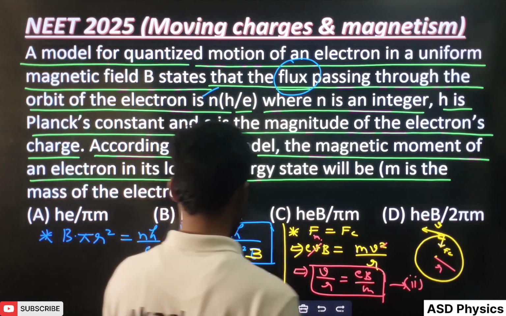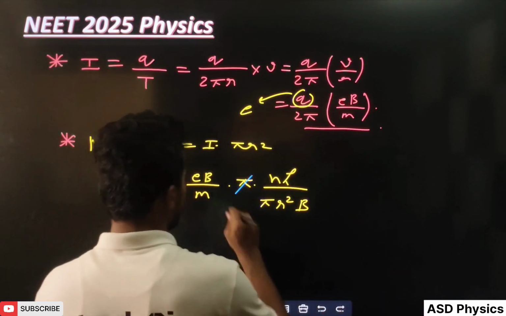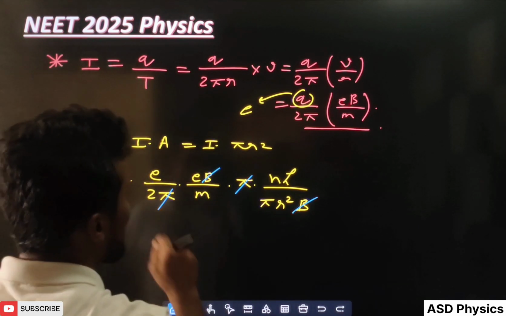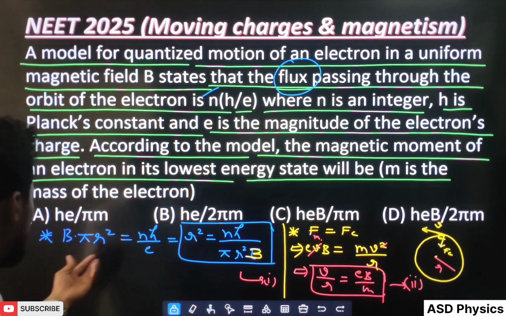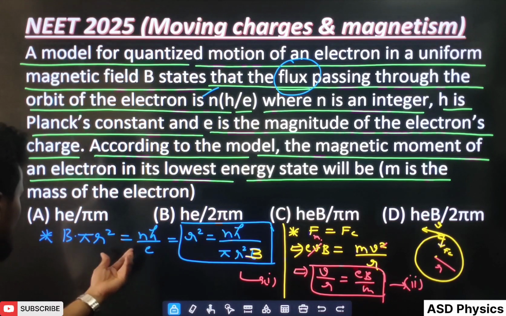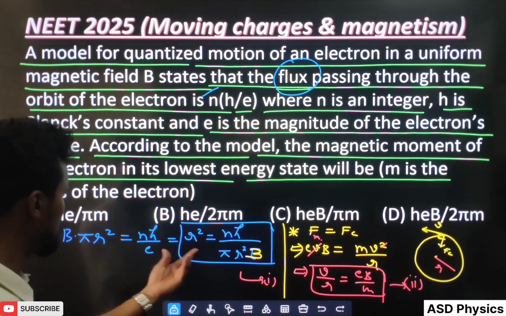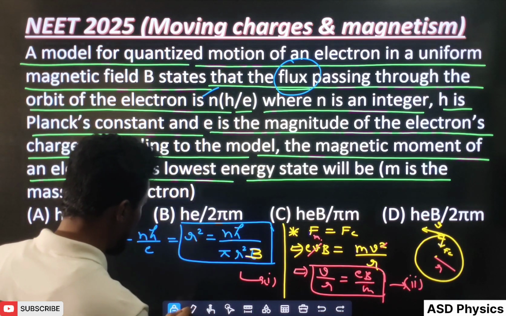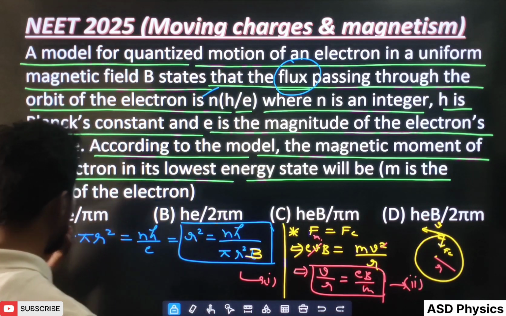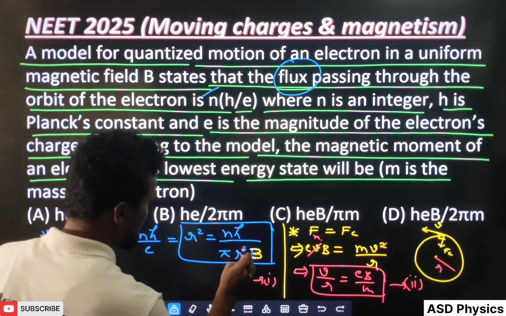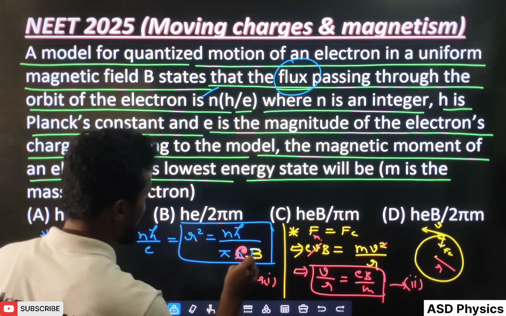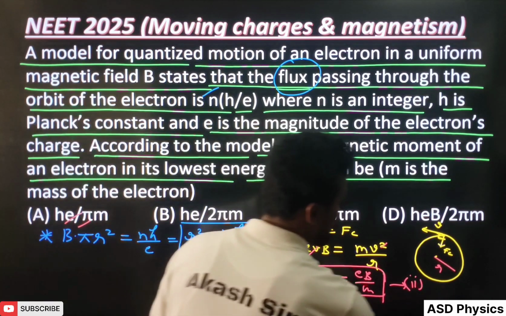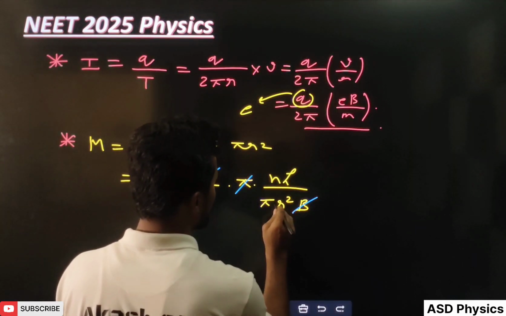EB, NH by pi R square B. This B and this B also cancel. For the R square value, what have I got? NH by E pi B. See here, a mistake happened. R square value is how much here? It will be NH by pi EB. So NH by pi EB.